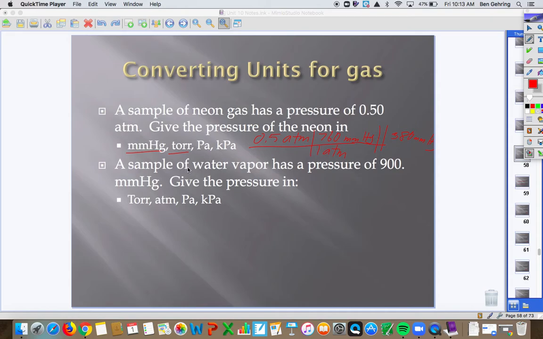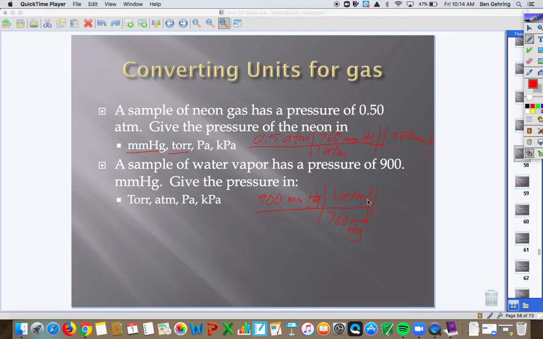And the bottom one, a sample of water vapor has a pressure of 900 millimeters of mercury. Give the pressure in torr, atmospheres, pascals, and kilopascals. I'll do atmospheres for you so you can see this. So we have 900 millimeters of mercury. I know that I'm going to atmospheres, and 1 atmosphere is the same as 760 millimeters of mercury.